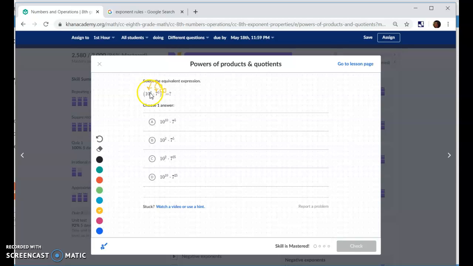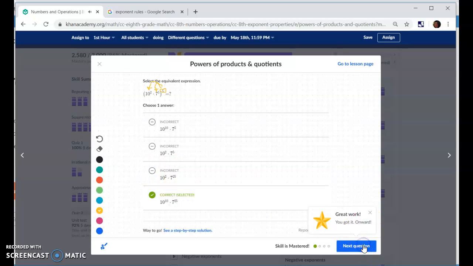So 5 times 2 is going to give us 10. And then 5 times 5 is going to give us 25. So 10 to the 10th power and 7 to the 25th power. And that's this last one here. Select the equivalent expression. This would be an equivalent expression. Alright.